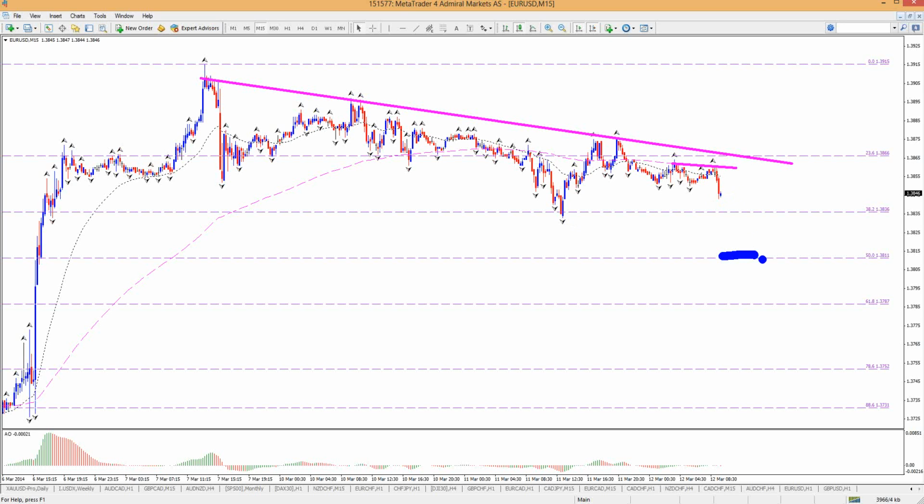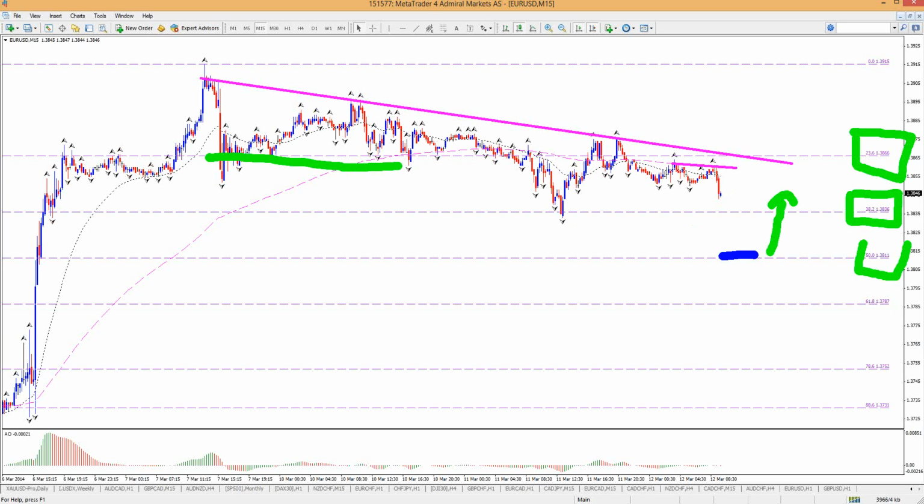But if we do reach the 50, that itself could be again the bouncing spot because we stopped at the 23.6 fib, we stopped at the 38.2 fib, and we could stop again at the 50. And that would be an interesting potential for people who like those trades to go long there, either at that 138 level exactly, or 138.11, or if you wait for confirmation of price stopping at that level.